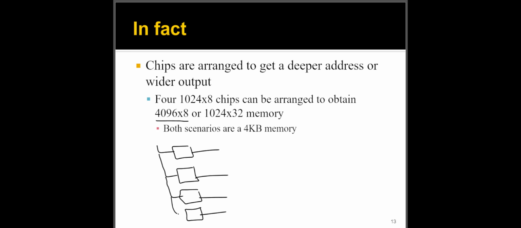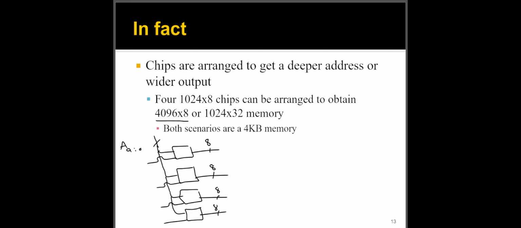In this instance, I'm sharing the address bits. So this is A9 down to 0. It's going to all the chips, and then each one of them is producing 8 bits on the output, right? And the difference here is that I need to use other bits for the chip select.